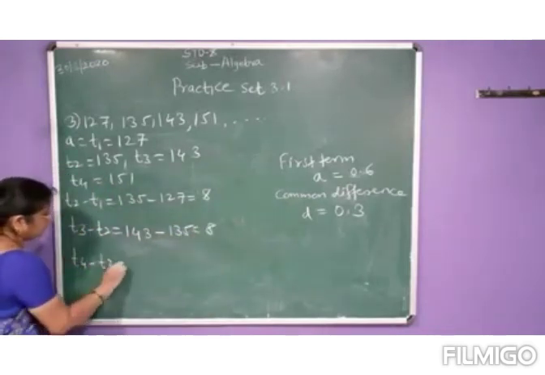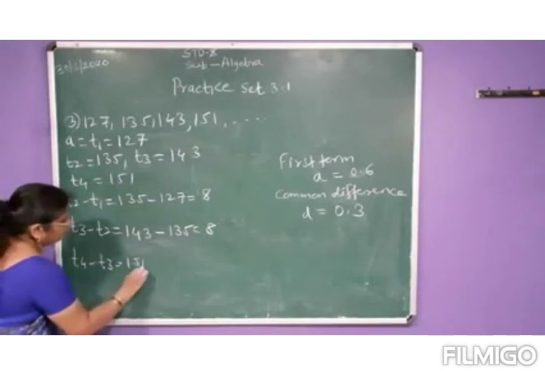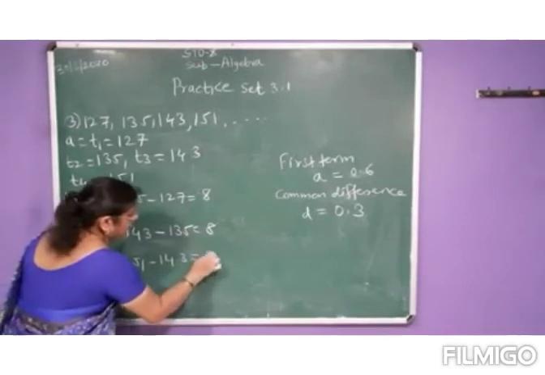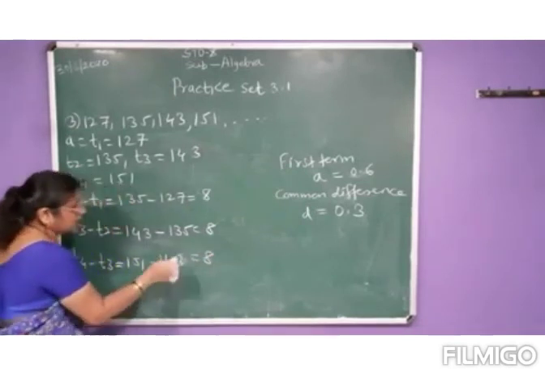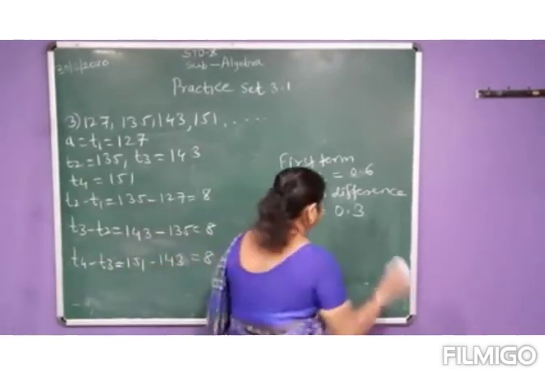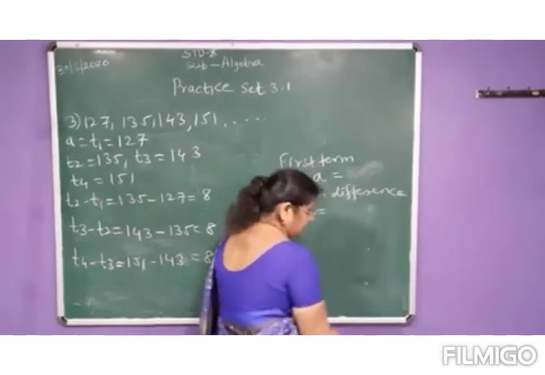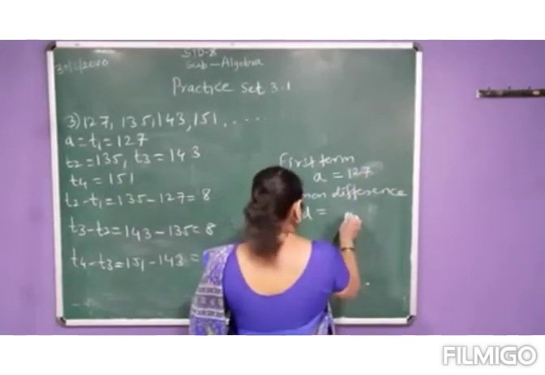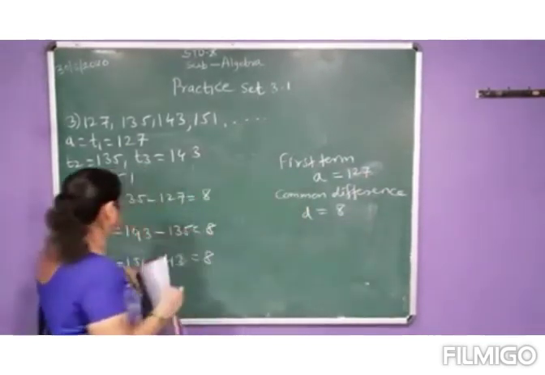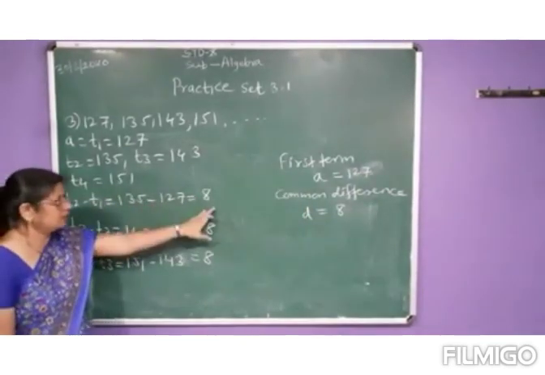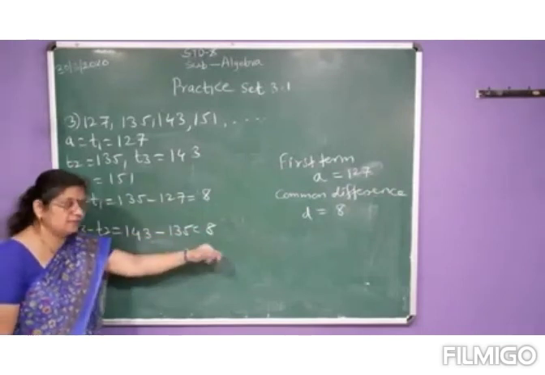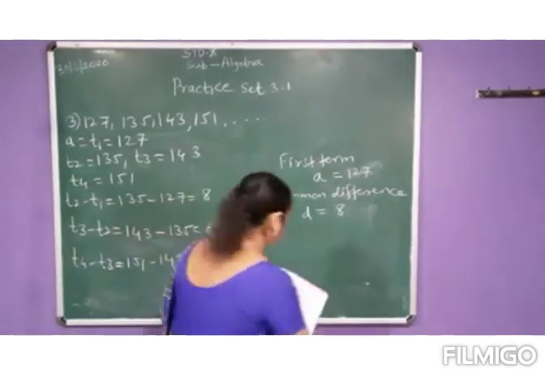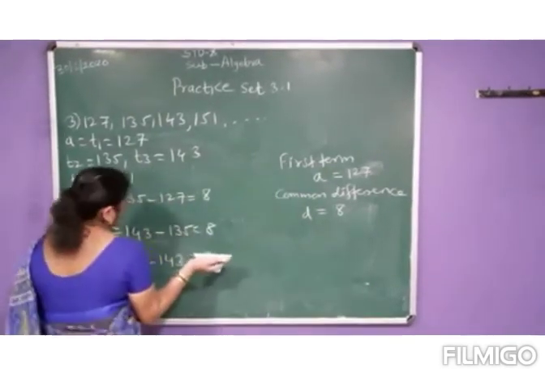T4 minus T3, 151 minus 143, 8. So A is 127 and D is 8. See, 135 minus 127 is 8, 143 minus 135 is 8, 151 minus 143 is 8. So A is 127 and D is 8.